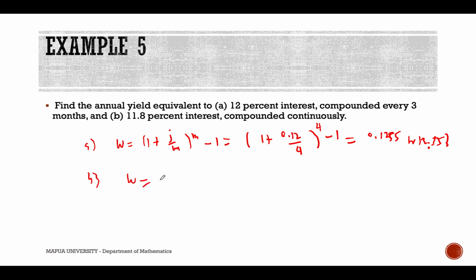So W is equal to e^j - 1, so e^0.118 - 1. So this is 0.1252, or that is 12.52%.